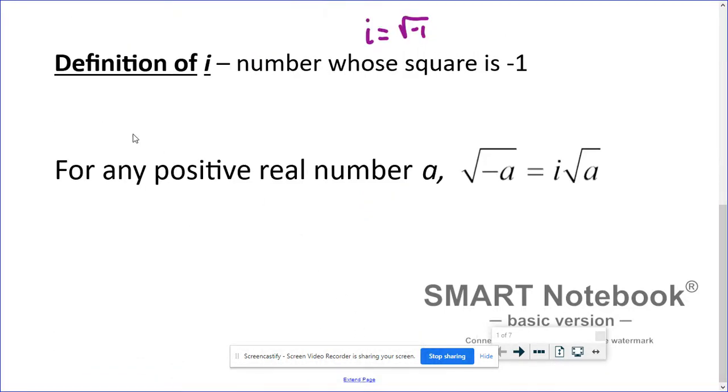Then for any positive real number a, the square root of -a is equal to i square root a. So essentially what happens here is you split up -a into -1 and a. This becomes the i. The a stays.